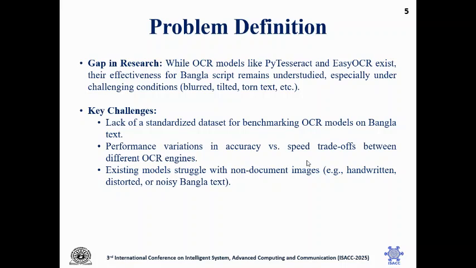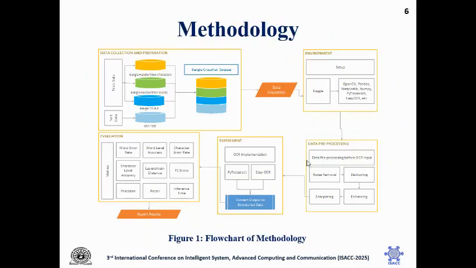Inference speed is the metric that I'm talking about here, so our paper also goes through the inference speed. There are existing models which struggle with non-document images such as handwritten images or distorted or noisy Bangla text images. These are also available in our dataset.